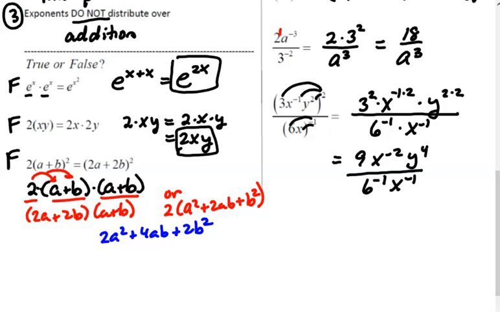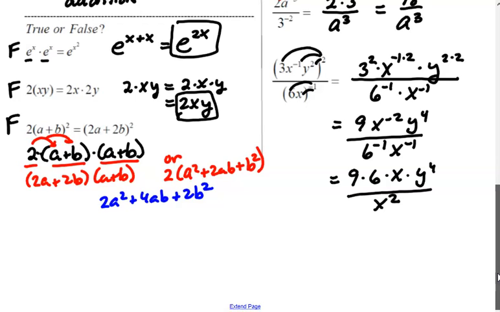So anything that has a negative exponent on it, we can take the reciprocal. In other words, we move anything from the denominator with a negative exponent to the numerator, and anything in the numerator with a negative exponent to the denominator. So that would give me 9 times 6 times x times y to the 4th all over x squared. Now, 9 times 6 is 54.